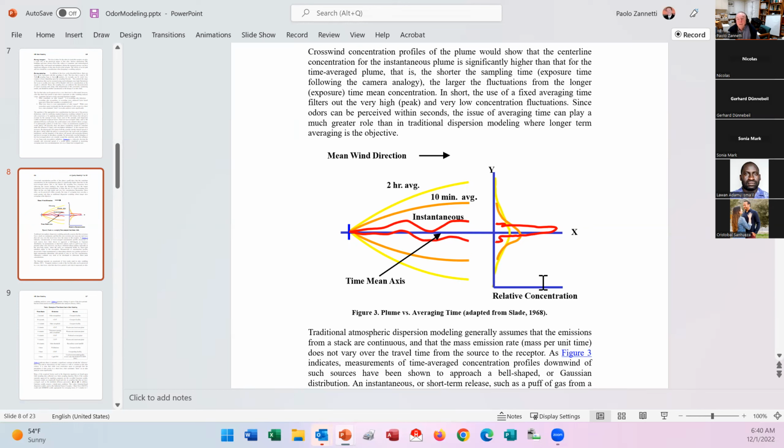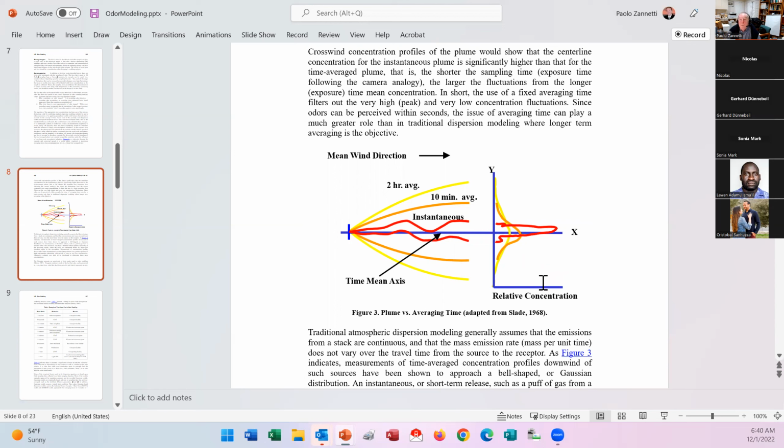And most models that I've shown you in this course deal with average concentration. For example, the Gaussian model AERMOD simulates 1 hour concentration. CALPUFF typically is used to simulate 15 minutes or 60 minutes average concentration.